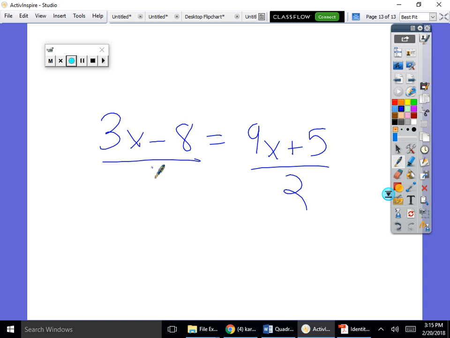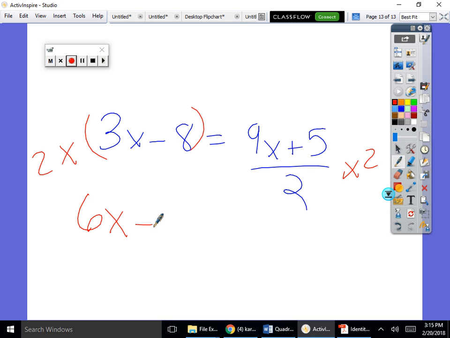So you can either do this and cross multiply, or you can just get rid of the dividing by 2 by multiplying by 2. Please remember not to be selfish. Don't be selfish, okay? So that means 6x minus 16, not minus 8, okay? Equals 9x plus 5.